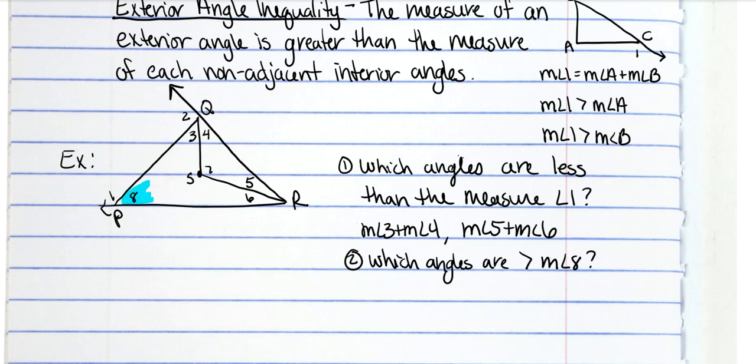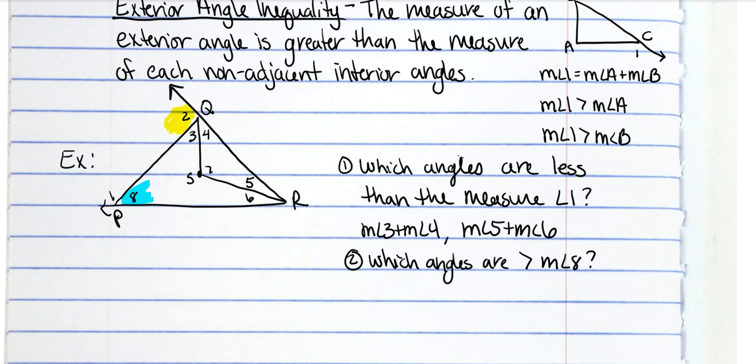So the measure that would have to be bigger than the measure of angle 8 would be this one, because that's what it says, that exterior angle has to be bigger than the two non-adjacent. So 2 would have to be bigger than 8. 2 would also have to be bigger than 5 and 6 together. That's not what it's asking. It's asking 8. So 2 would have to be bigger than 8.